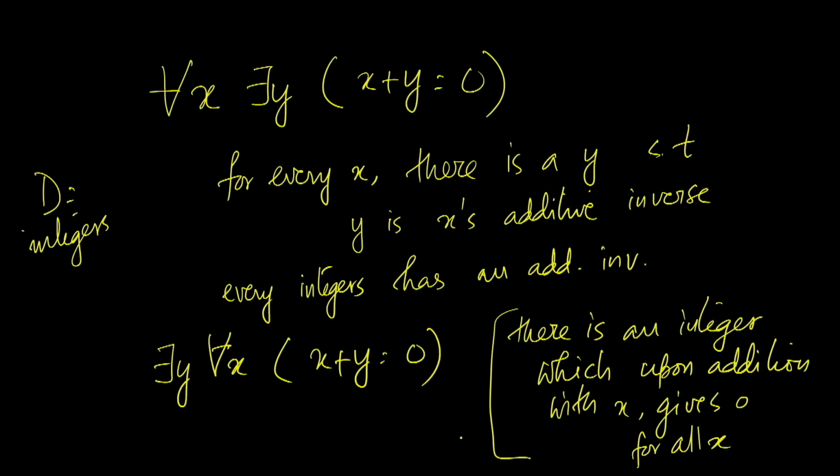But this is patently false. So we see that the two statements mean entirely different things. So in a sequence of universal quantifiers and existential quantifiers, if you change the order, the meaning of the statement would change.